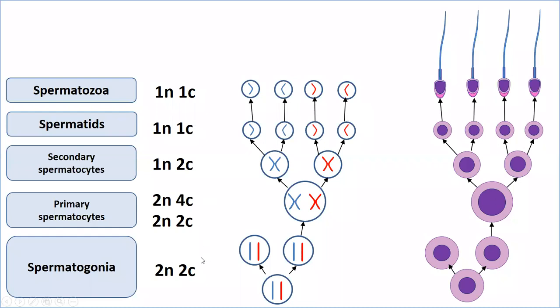Here we can see that spermatogonia are 2N, 2C. Primary spermatocytes at the first stage are 2N, 2C, and after that they are 2N, 4C. And beginning from secondary spermatocytes until spermatozoa, they are haploid. So, what is the reason to know this?